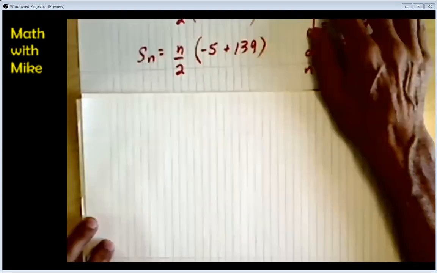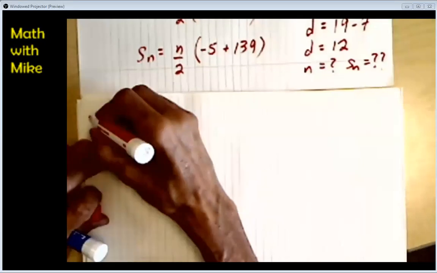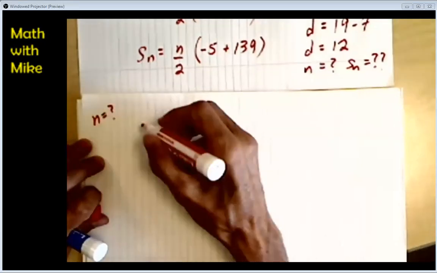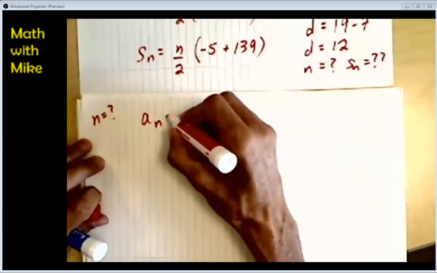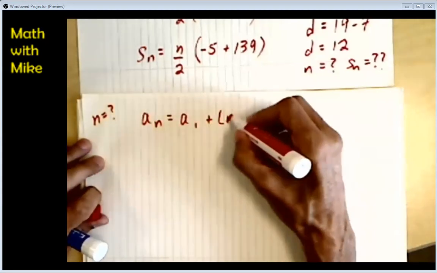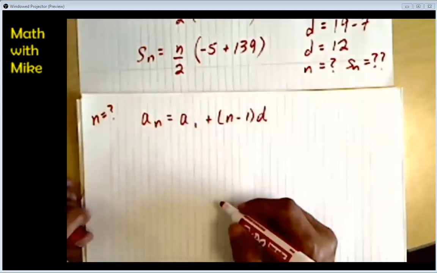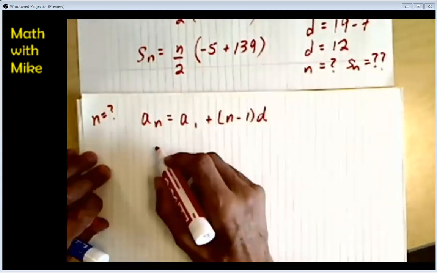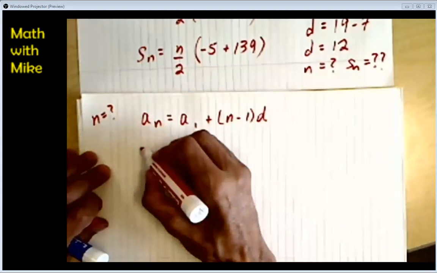Since we don't know what n is, we can use this: an is equal to a1 plus n minus 1 times d. So our last term is 139.